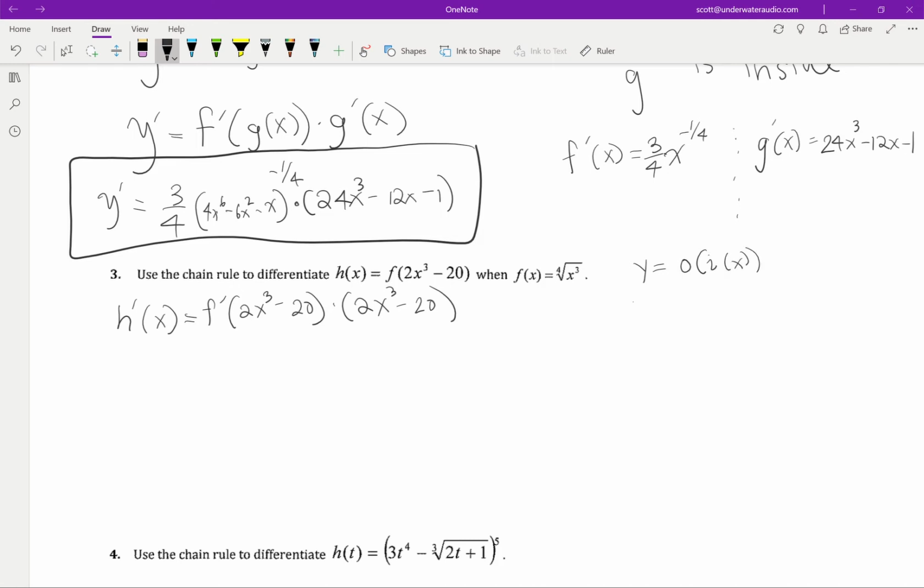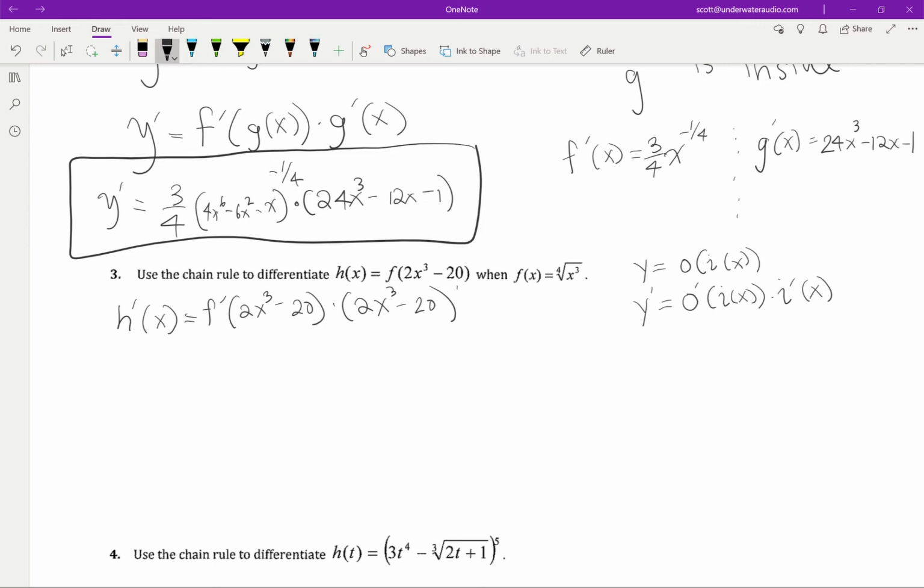And I go to take a derivative. That is going to be the derivative of the outside. Plug the inside back in, and then multiply by the derivative of the inside. That's how I write it. I'm sure that's worse for some people, better for others, but that's how I would write it. So this isn't so bad.